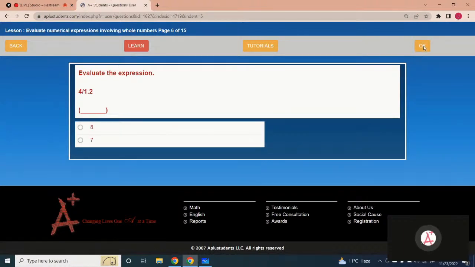Okay, the next one is 4 divided by 1 times 2. Division and multiplication are on the same level, so you have to start from left to right.